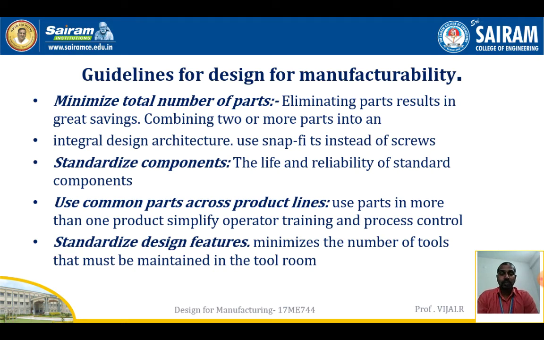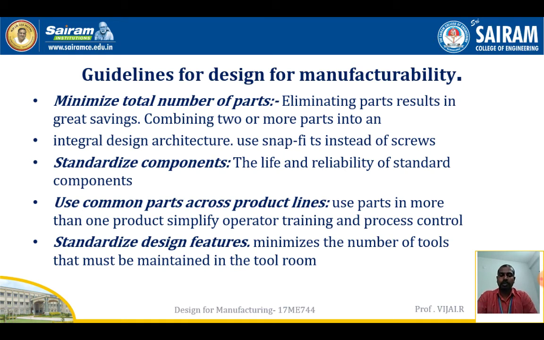Moreover, in the manufacturing process, if the raw material is not of good quality, then during some process it gets squeezed or jammed, so the next process will get delayed. So the quality of the materials is also to be considered. And the third one is common parts across the product lines.